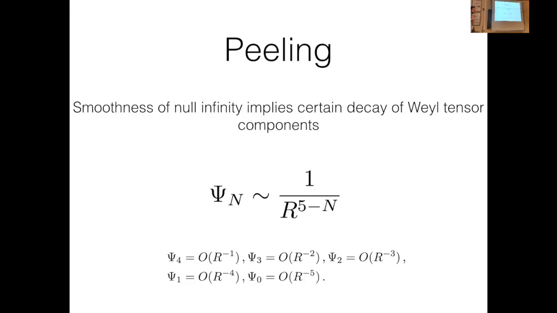Can you say more about the relationship between your peeling result and what's in the literature? I can say why it's hard. Most of what's in the literature is done using the conformal Einstein field equations, and not only the formalism but also the choice of initial data differs.